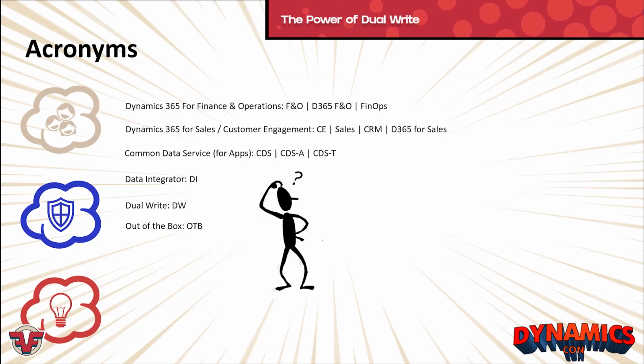Common Data Services will be CDS, CDS-A, and CDS-T. Data integrator will be DI, dual write will be DW, and out of the box will be OTB. So please keep these acronyms in mind throughout my whole presentation.